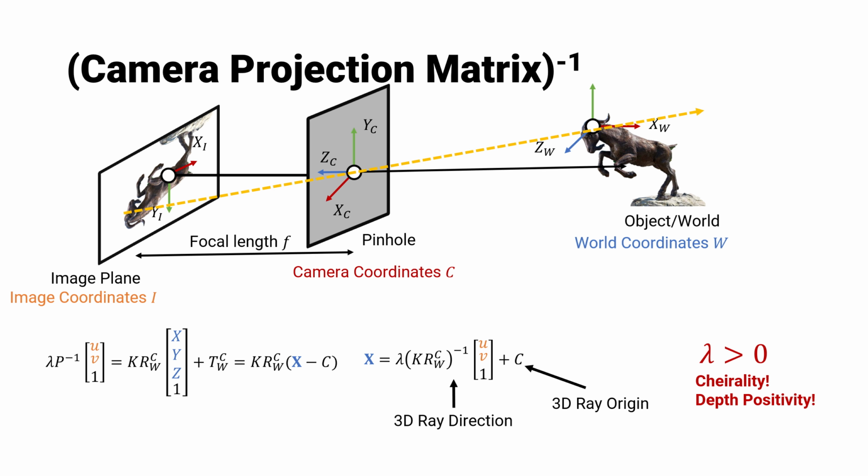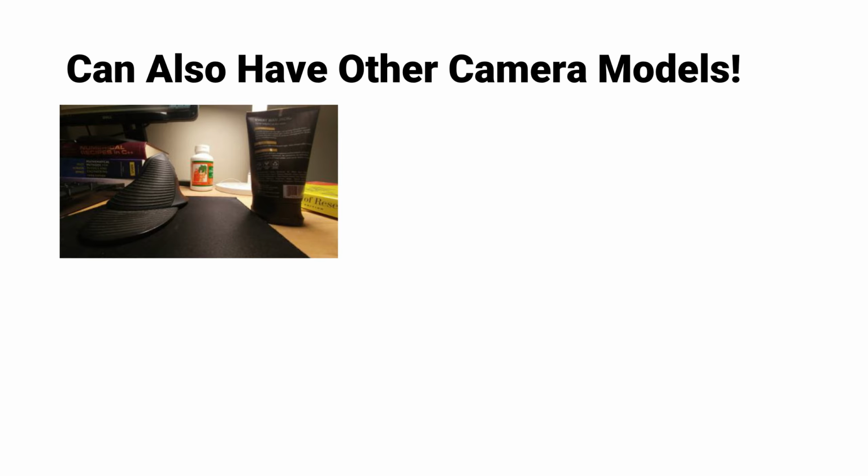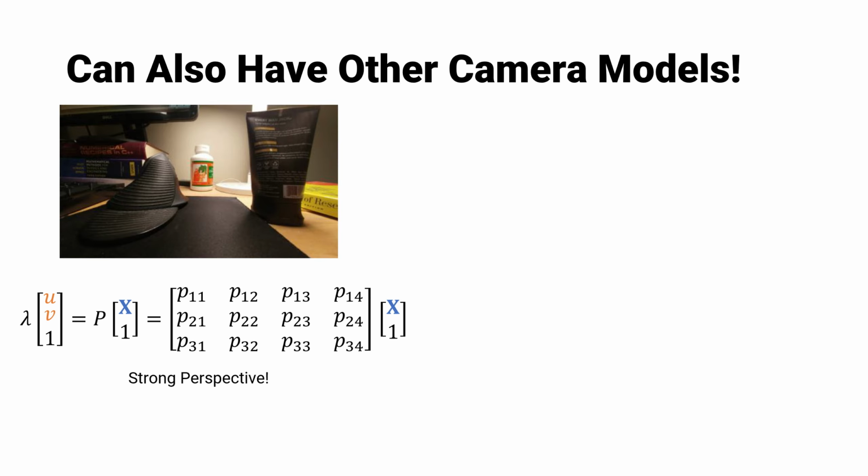Remember that this was one projection model, but you can definitely have other camera models as well, where you change the equation. This is what we had with the strong perspective, which is the perspective projection equation, or the pinhole model. It's a perspective camera model.